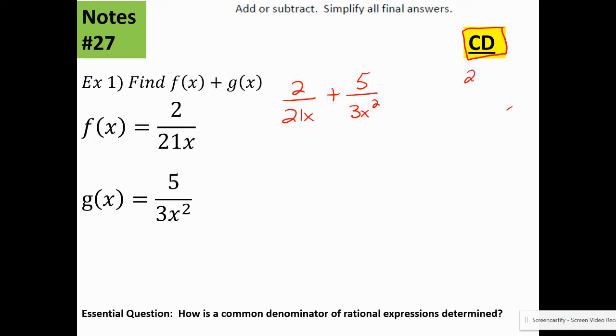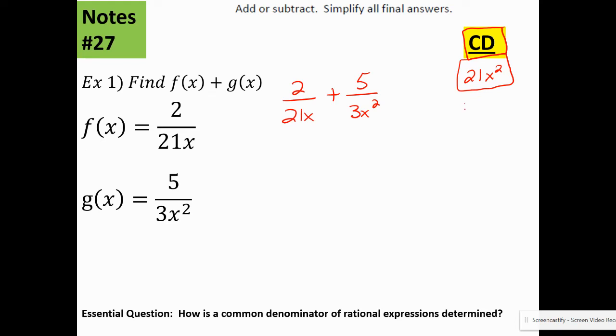So you're going to choose 21, not the 3. You want to choose the 21. And then we also want to choose the bigger of the x's. So x or x squared, you have to choose x squared. So your CD is the larger of the denominators.